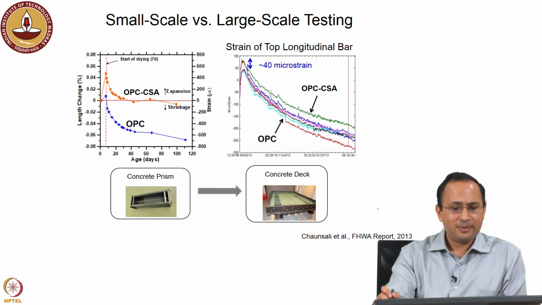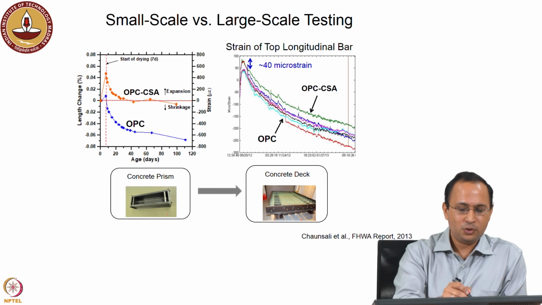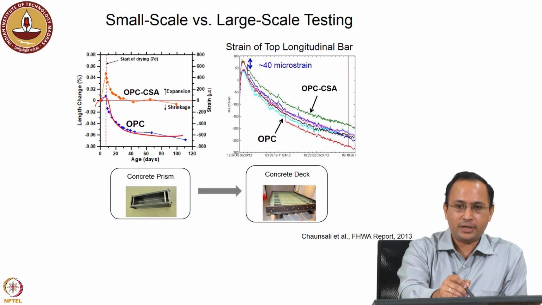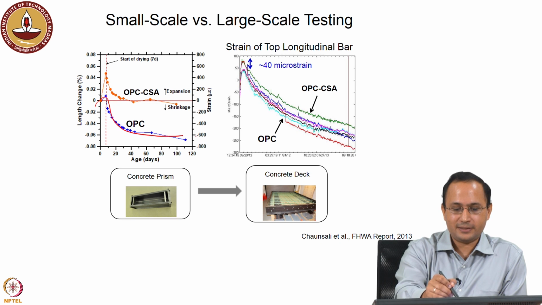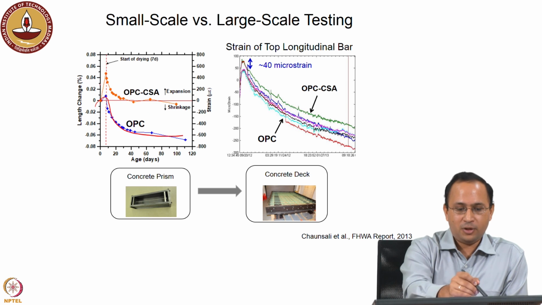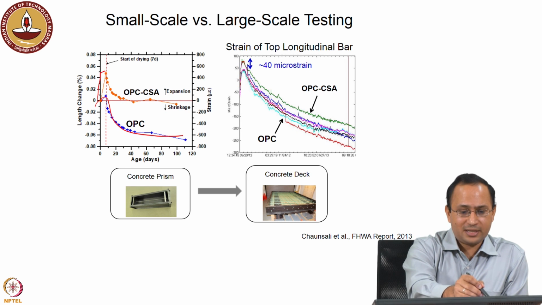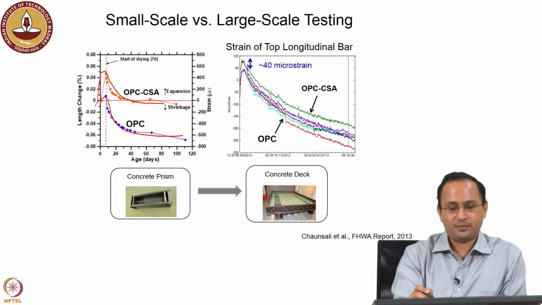Now, we will look into small scale versus large scale. In the small scale test, when you do this concrete prism test, you have seen a similar plot before. This is a conventional concrete without any expansive agent. There is a shrinkage on the order of 600 to 700 microstrain in this case. When you add the calcium sulfoaluminate cement, you see this early age expansion and the net shrinkage is close to 0.